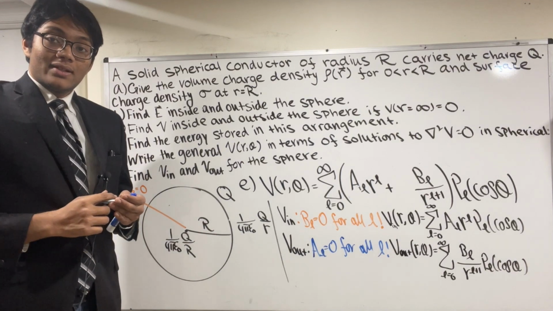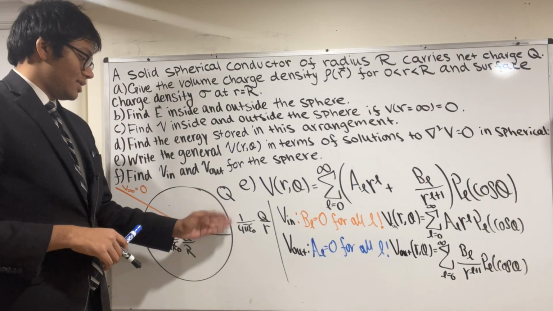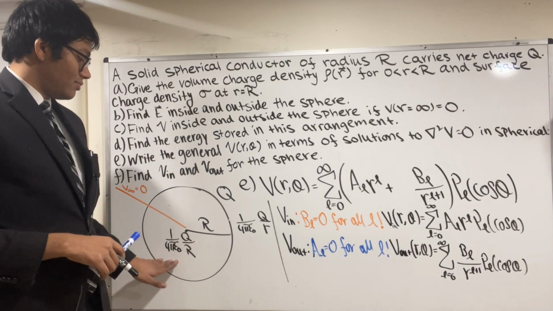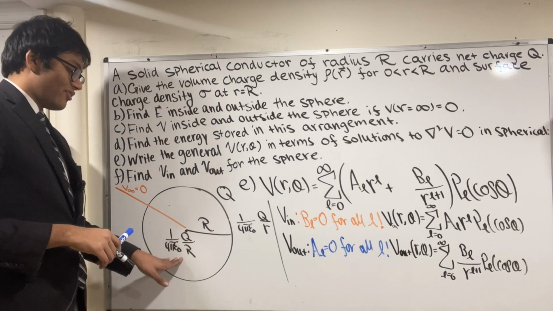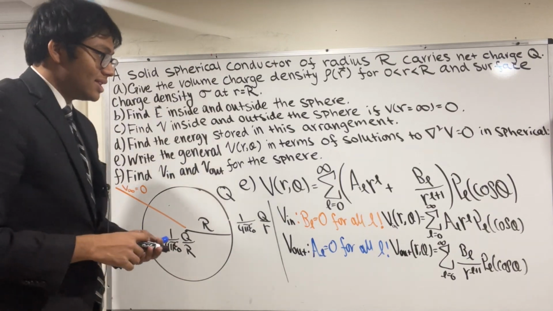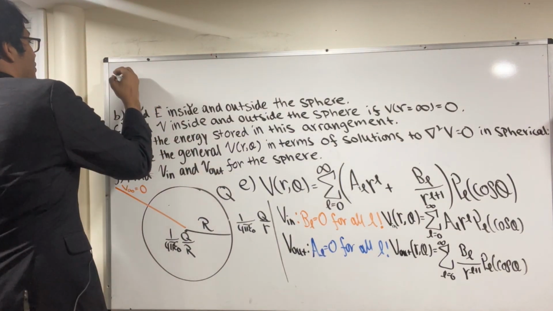Well, now all that's left is meeting my boundary conditions. Look at the condition right here: the potential inside has to be this. Well, what is that? Let's take a look. So the potential inside, let's write out our first two terms.